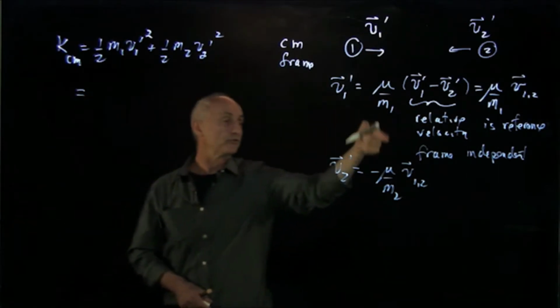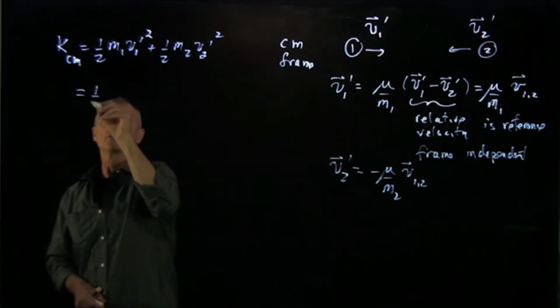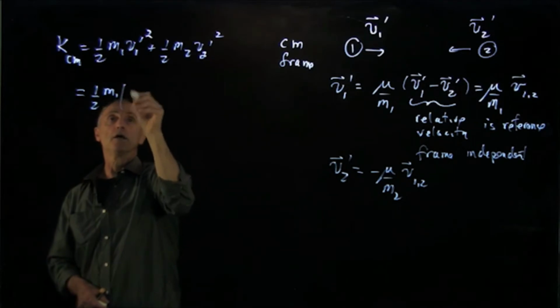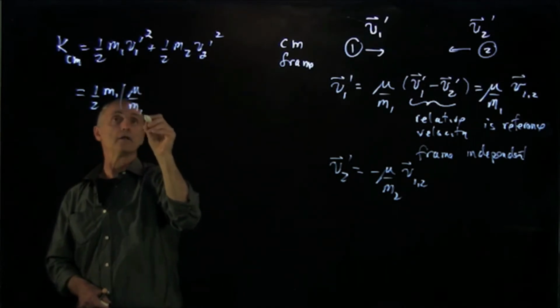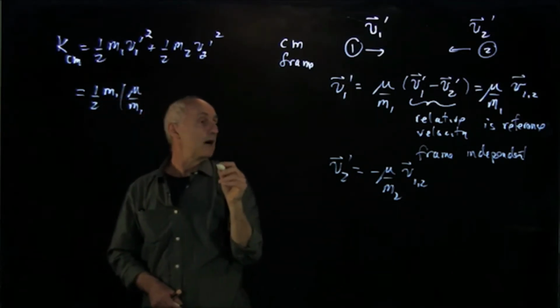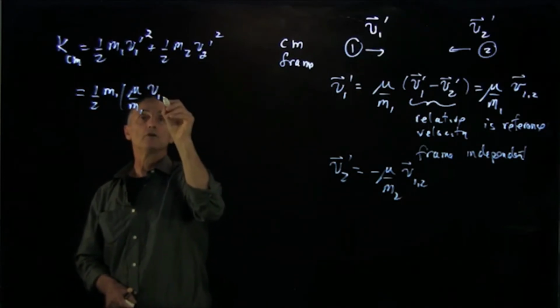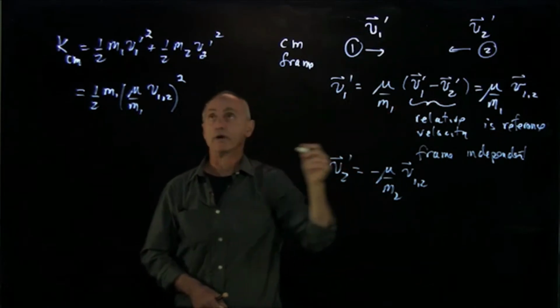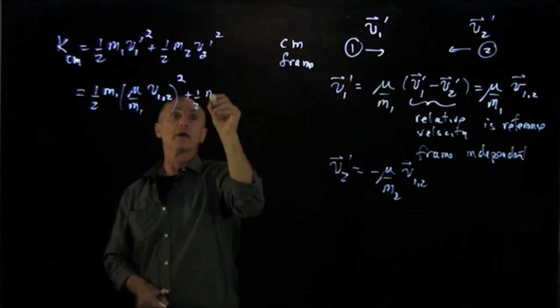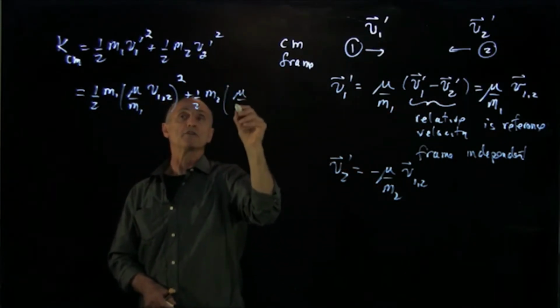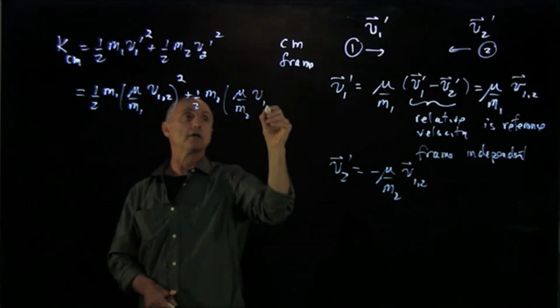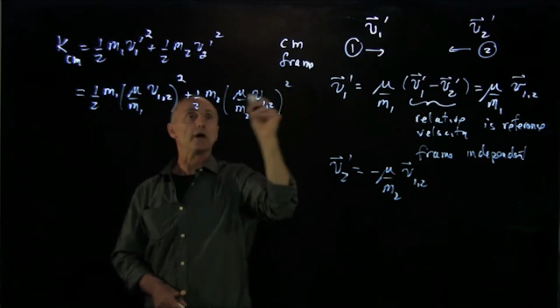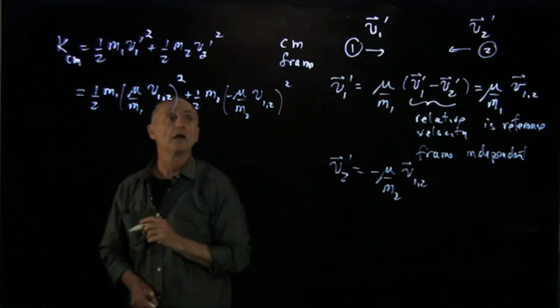Now let's use our results in terms of relative velocity. So we have 1/2 m1 mu over m1 times v12 squared, because we're squaring that, plus 1/2 m2 mu. The minus sign doesn't matter anymore because we're squaring it. v2 squared. I could put that in there, it wouldn't matter.